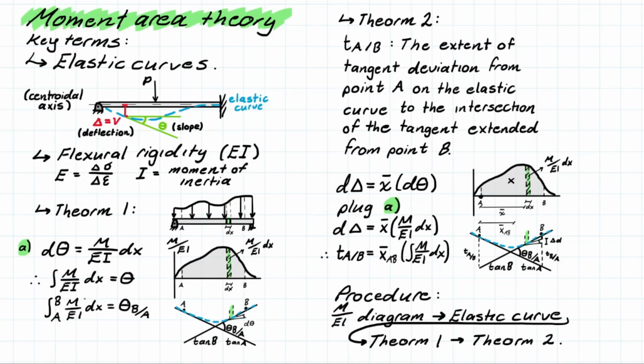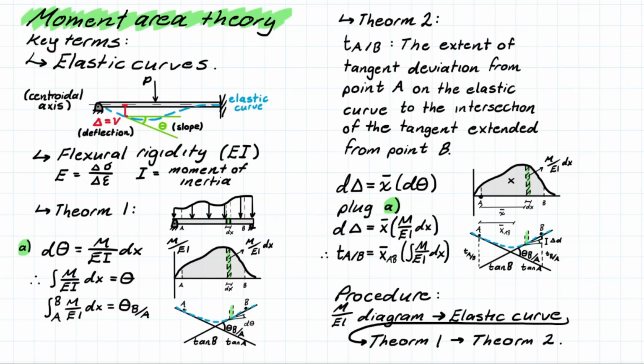Now, if we relate this to a point-to-point condition, from A to B, instead of a segment, we can take the area of the M over EI diagram between these two points and solve for the slope between those two points.